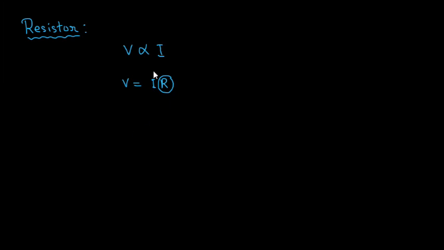So we have removed the proportional sign, and we have put equal to and a proportionality constant. This R is equal to potential difference upon electric current.